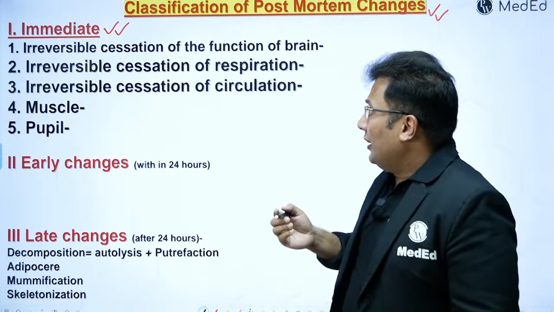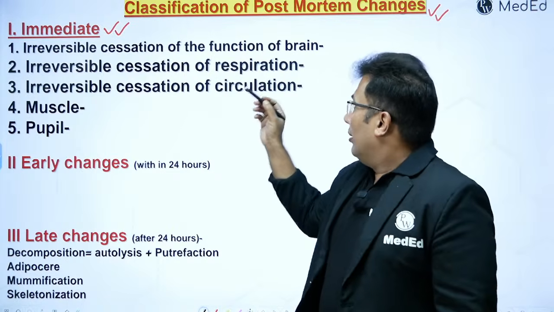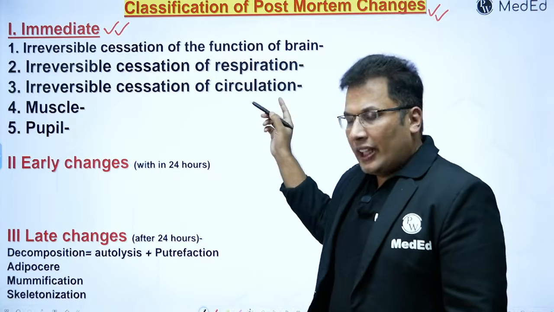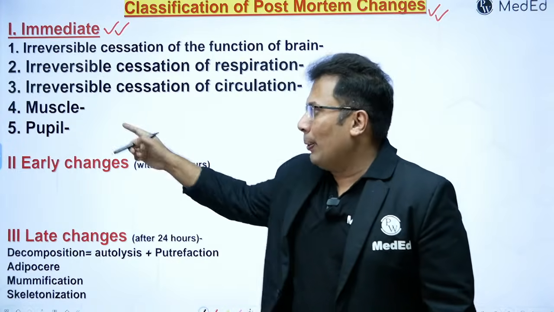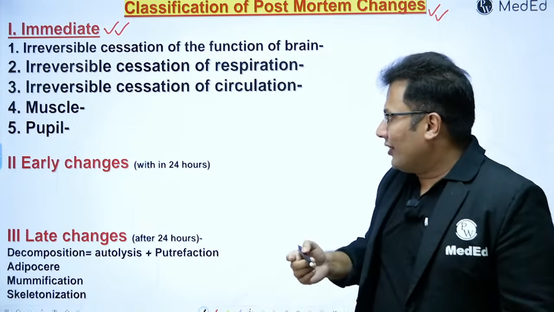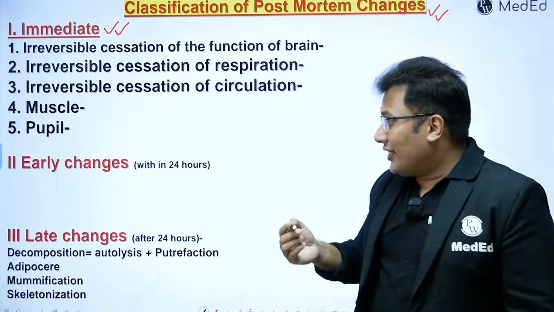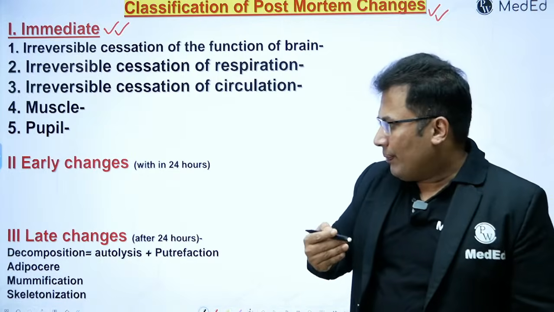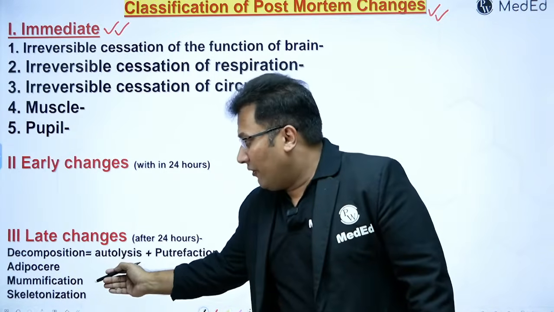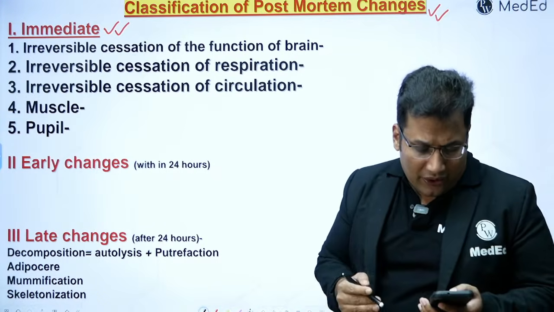So they are basically irreversible cessation of function of brain, respiration and circulation. There are some changes in the muzzle, there are some changes in the pupil. Early changes within 24 hours, rigor mortis and others. Late changes, decomposition, that we call putrefaction, adipocere formation, mummification and skeletonization.